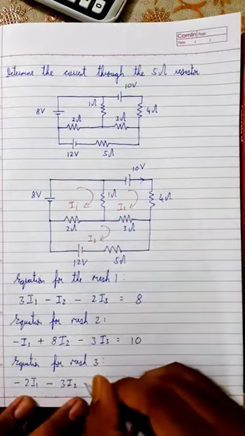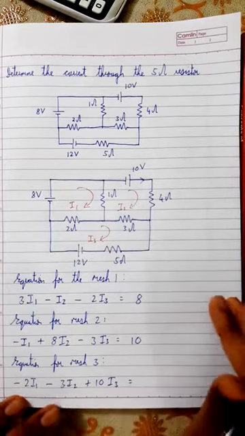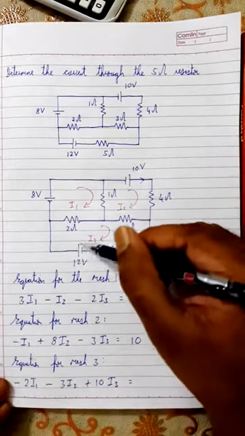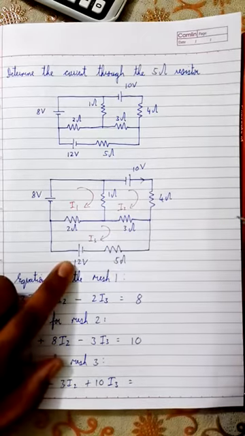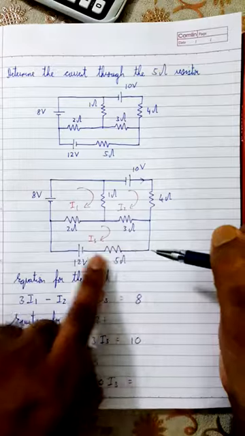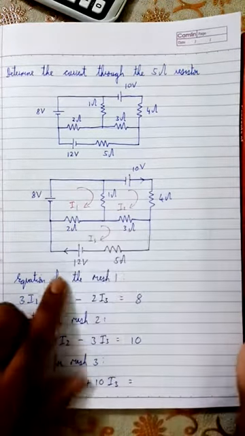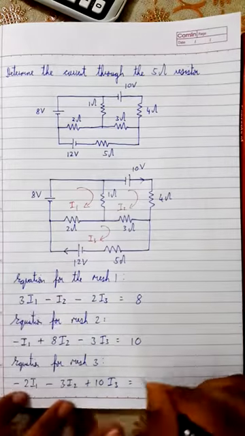So we have plus 10I3, is equal to, and what about the voltage source? There's a voltage source over here, right? It's called 12 volt, and this positive terminal is over here, and I3 is flowing like this, which means this positive terminal is actually generating current I3. So that means it is plus 12.